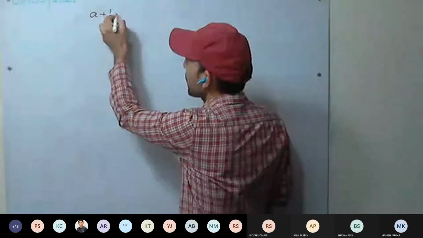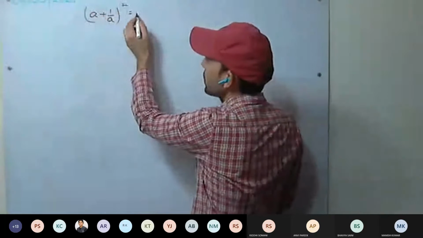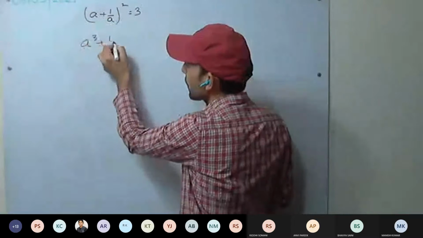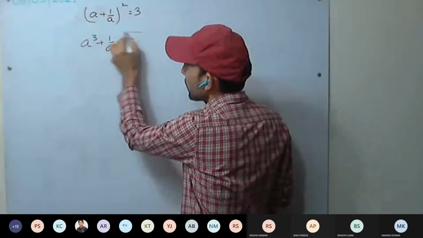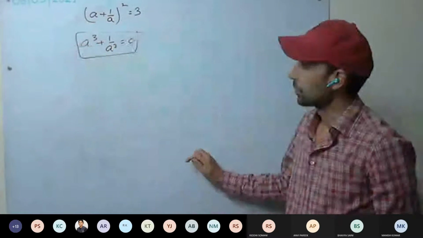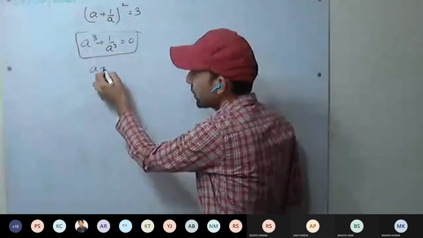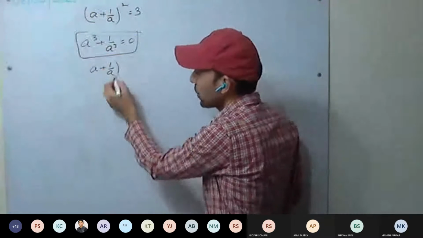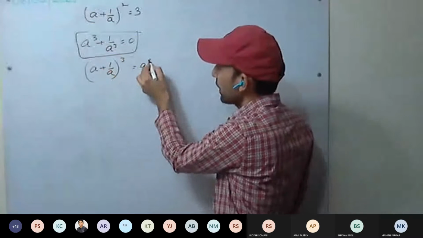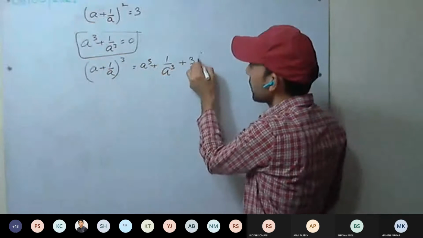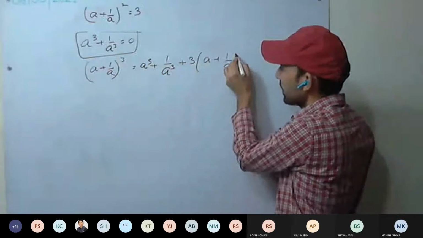What is given? a plus 1 upon a, the whole square, equals 3. And what we have to show is a cube plus 1 upon a cube equals 0. For this we require a plus 1 upon a, because if we cube this, we get a cube plus 1 upon a cube plus 3 times a plus 1 upon a.